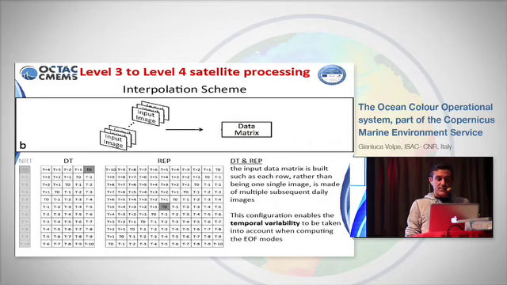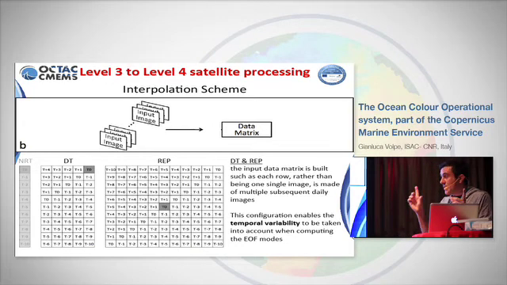In the delay time and the reprocessed data, within these two other configurations, the input data matrix is built such that each row, rather than being a single image as before, is made of multiple subsequent daily images. This configuration allows the temporal variability to be taken into account when computing the EOF modes.